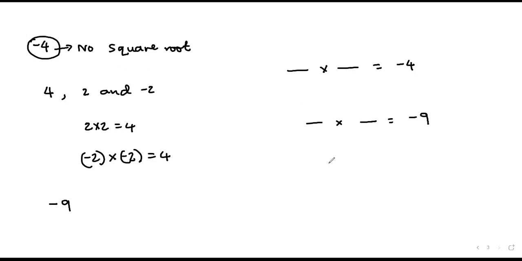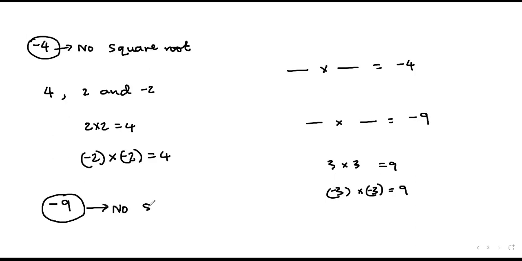I cannot say 3 times 3. If I say 3 times 3, I will get 9. It is not negative 9. I cannot say negative 3 times negative 3. Negative 3 times negative 3 will give me 9. So there is no way how I will get negative 9. So it means that negative 9 has no square root.